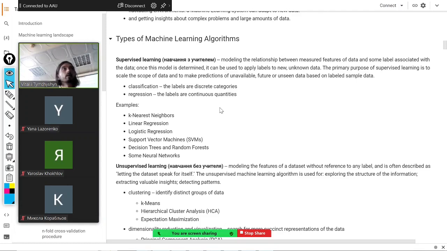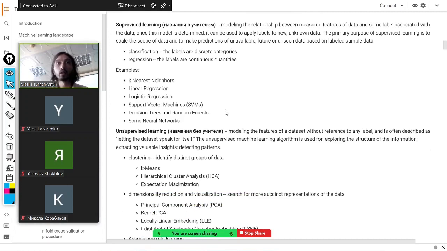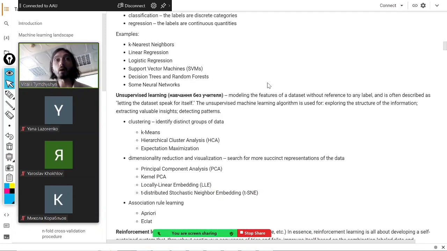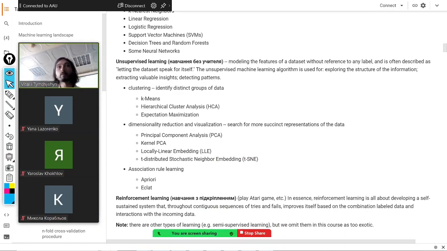Probably you have seen linear regression, and this is the perfect example. There are many other examples of supervised learning: k-nearest neighbors, linear regression, logistic regression, support vector machines, decision trees, some neural networks, and so on. Unsupervised learning is basically when you are modeling these relationships without giving any label to your training algorithm.